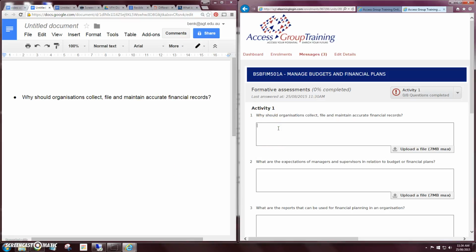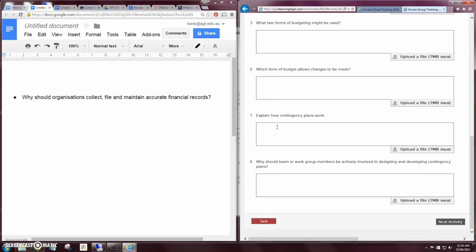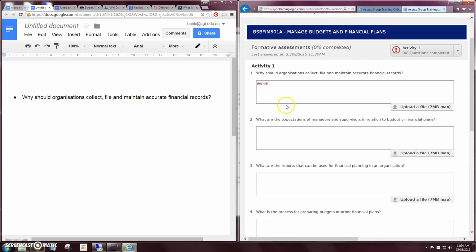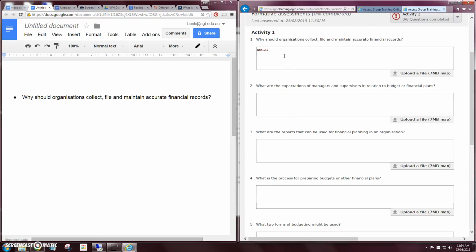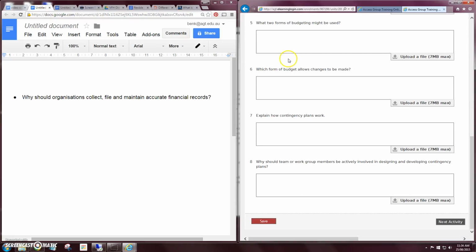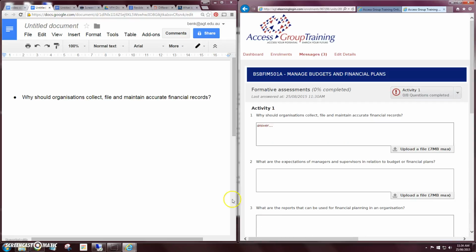Whereas if I was drafting an answer over here, and something went wrong, a blackout or a problem with the internet, this information that I'm typing doesn't get saved until I hit the save button. When I type information in Google Docs, after every keystroke it saves that work for me straight away. So the chance of losing my work is very minimal.